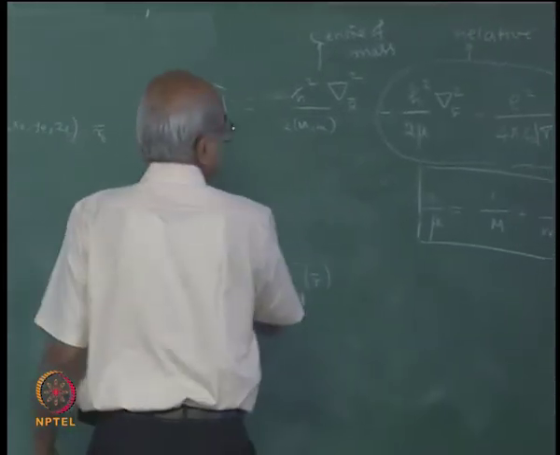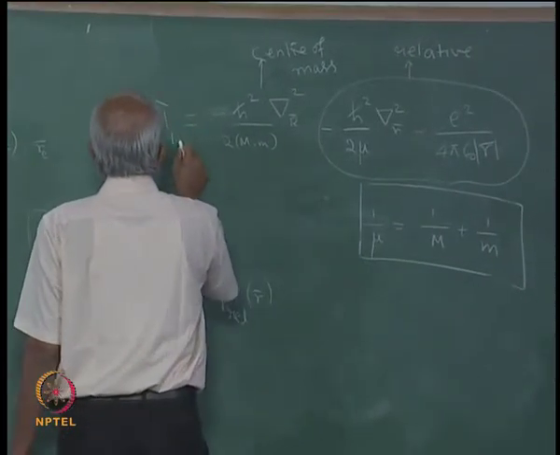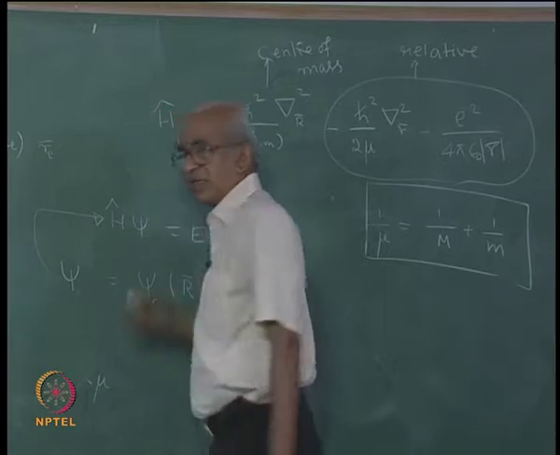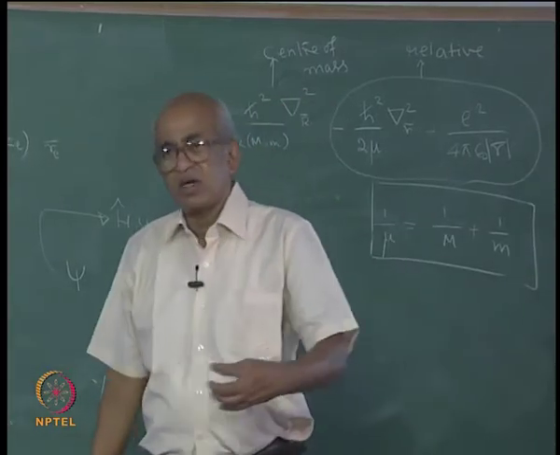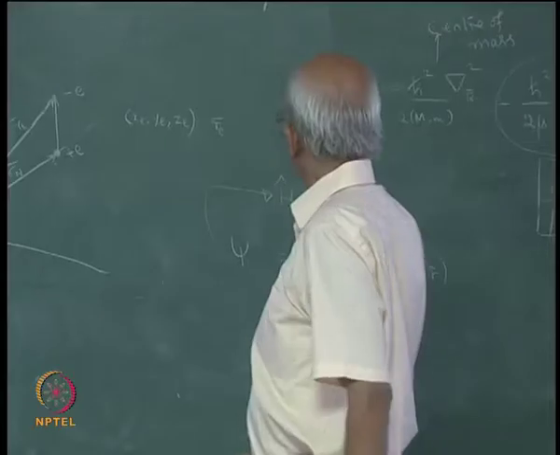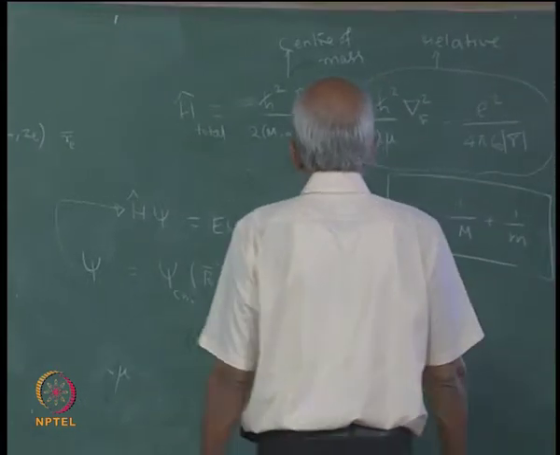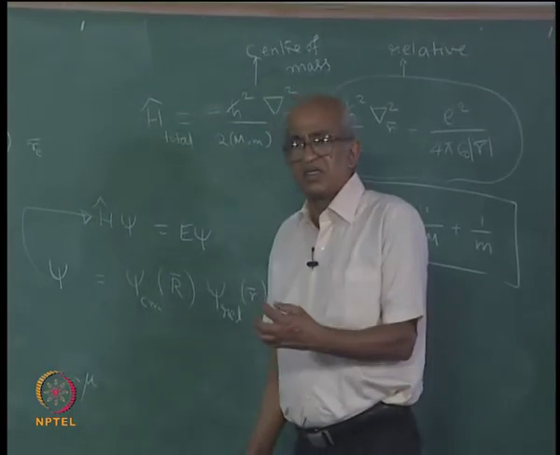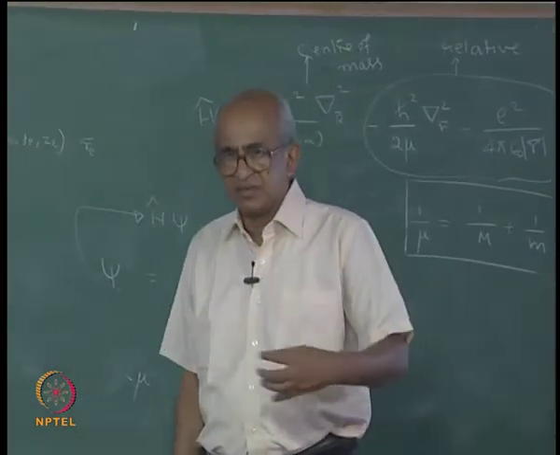So, I could say that H total, if you like, I can add a subscript here, because this now has a translational motion as well as a relative motion inside it, explicitly. And translational motion is simple, it is just the motion of a free particle.